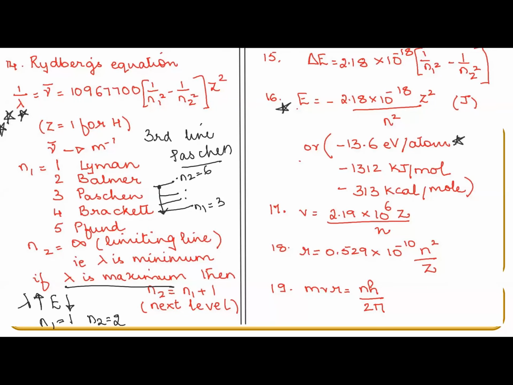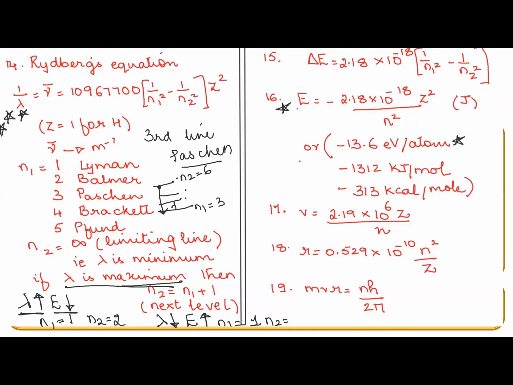If they say minimum wavelength, meaning lambda is minimum, energy is maximum. If I take N1 as 1, what will be N2? Who can answer? You understanding? The question might not give you N1, N2 values directly. They might say maximum wavelength, meaning energy is minimum, meaning it will just fall from 1 above, from here to here.